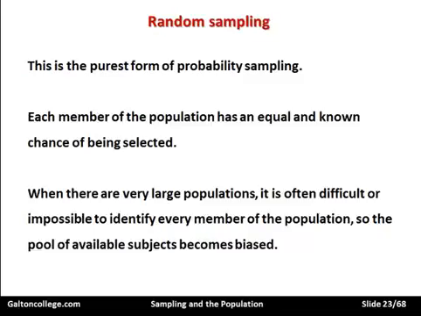They don't all just stand there and wait to be counted. Foxes live out their lives running around and being foxes. So simply by taking a sample in a particular area, by counting up what they've seen in a particular area, doesn't mean they can estimate what the population is. So sometimes it's very difficult to identify every member of a population.